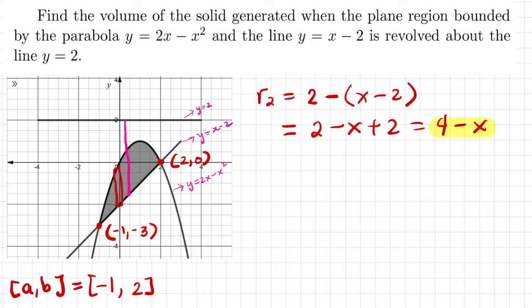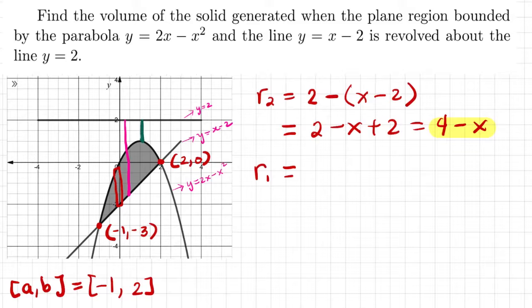How about R1? So again, this is our nearer tip. R1 is the distance of the nearer tip of an arbitrary rectangle to the axis of revolution. So let's try to draw a line.